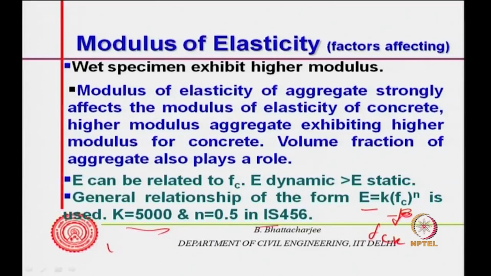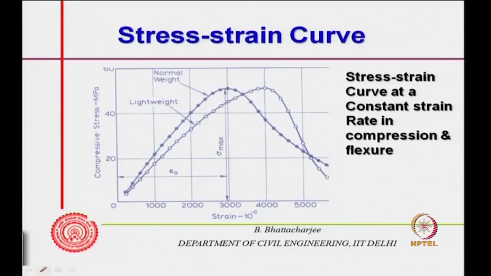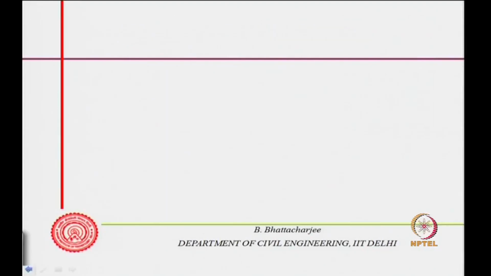So, E can be written as 5000 under root f c k, it is meant for design. So, this is actually a conservative value. In fact, if I plot it here, it will be something like this.